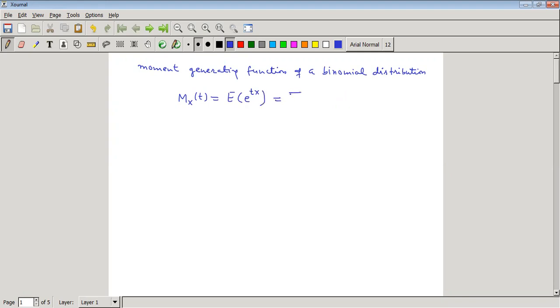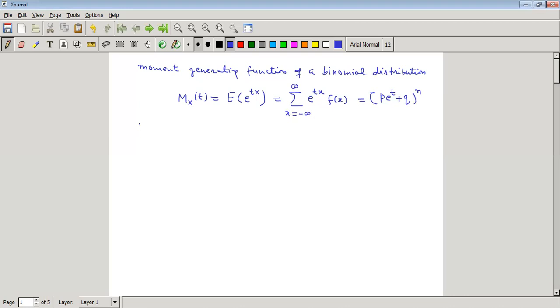That is equal to the summation over x of e to the power tx into f of x. After calculating, we get this equal to (p e to the power t plus q) to the power n. So this is the moment generating function of a binomial distribution.